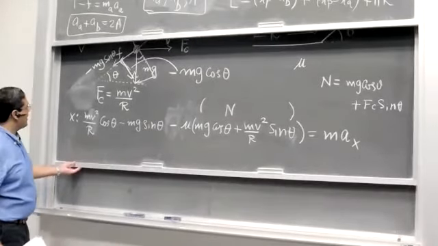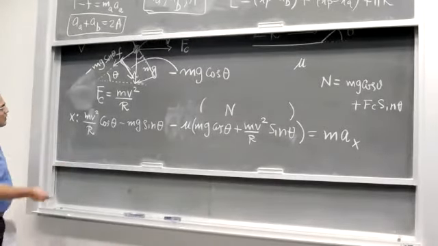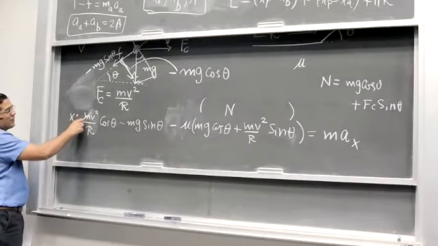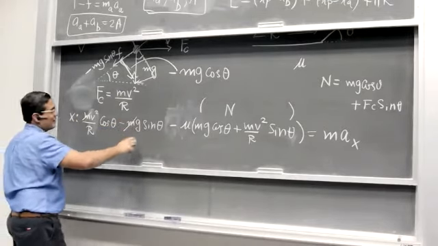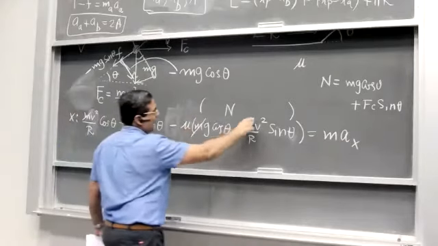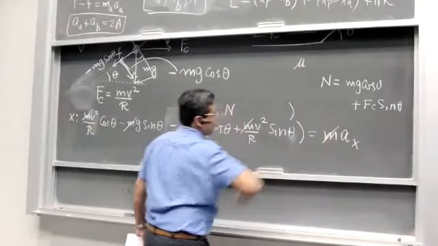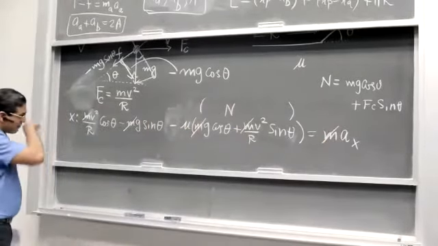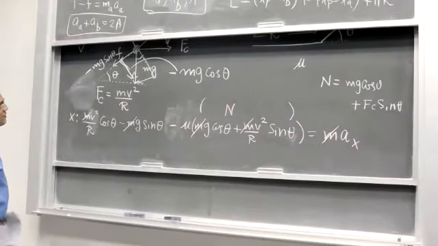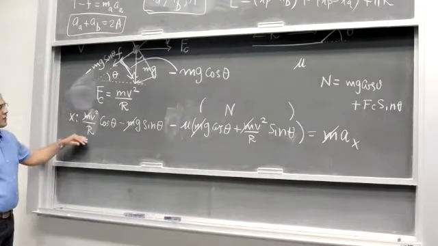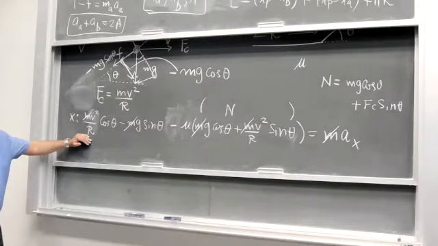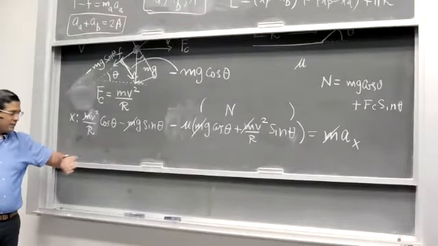Okay, so now let's analyze this. One simplification that you can do is you can cancel M from everywhere. And then whatever remains, you can solve this for V, and the condition for non-sliding, what would be the condition for non-sliding?